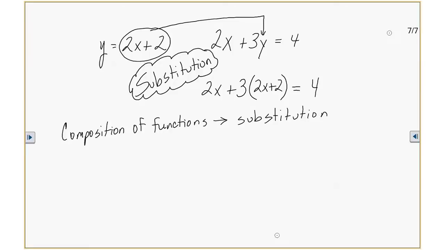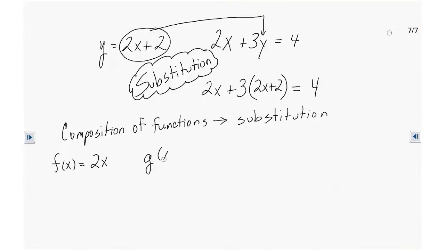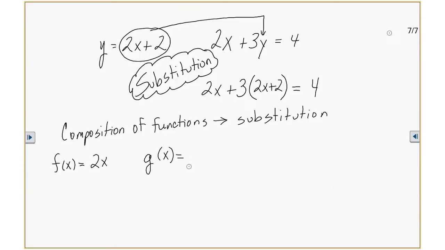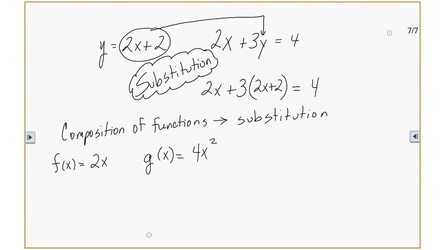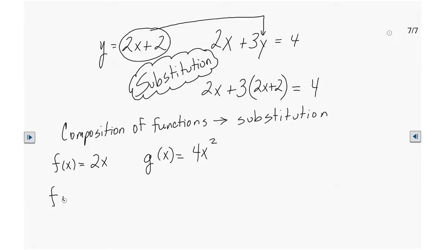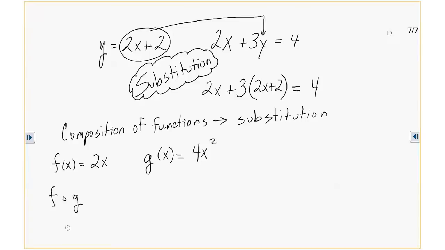So if I give you f of x is equal to 2x and g of x is equal to 4x squared, I think that's what I gave y'all from the previous screen. Then I want f composed of g.